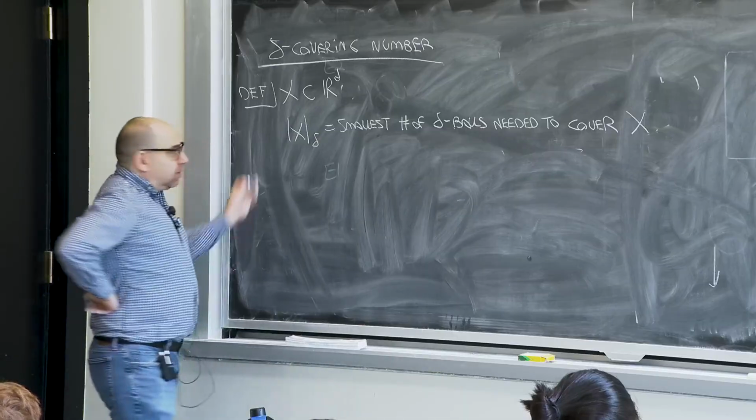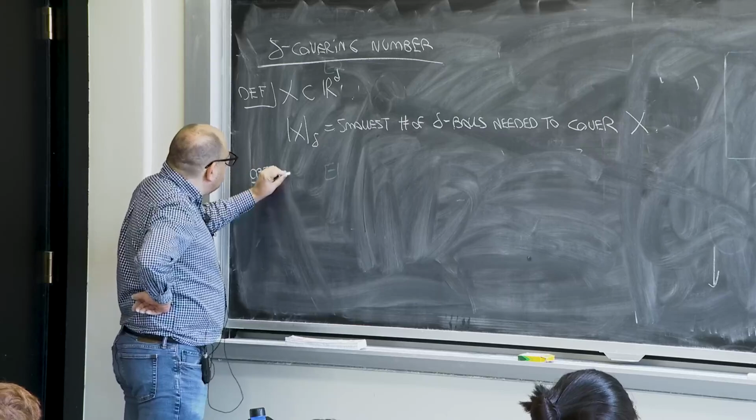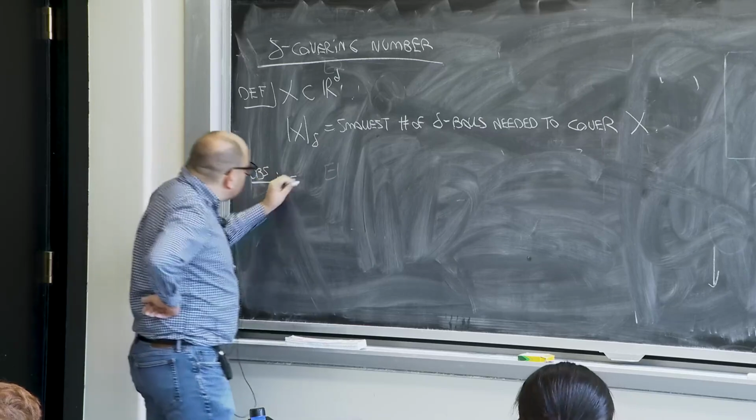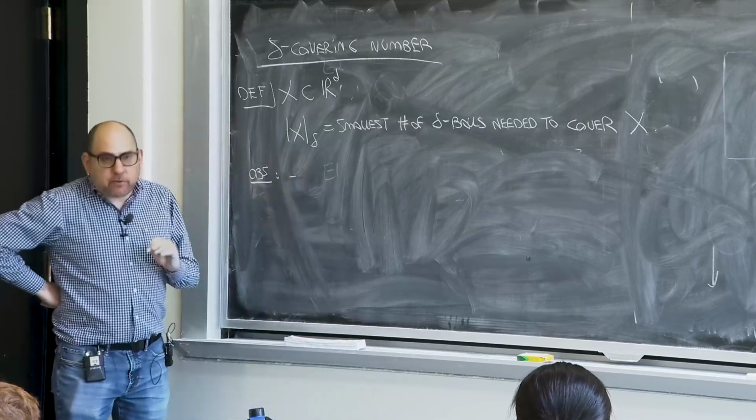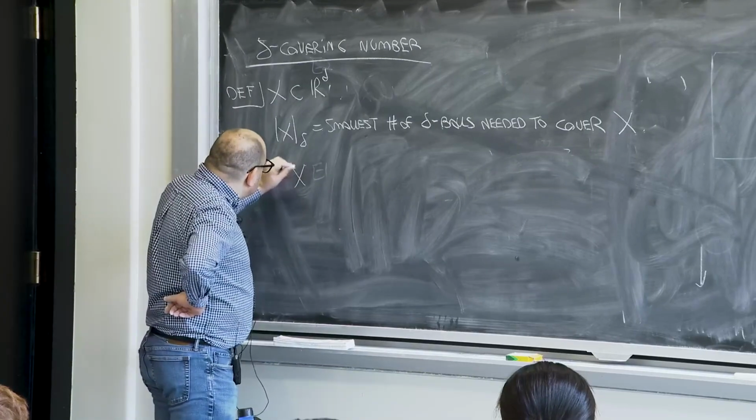OK, so just a definition, but some observations. Well, the first one, I think I should never use the word trivial, but I hope I'm justifying saying that this is trivial.